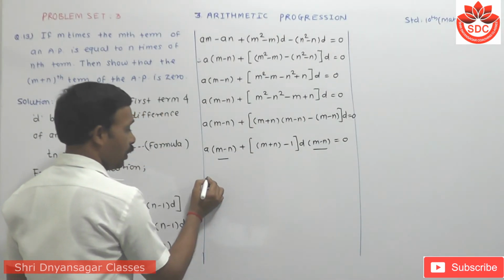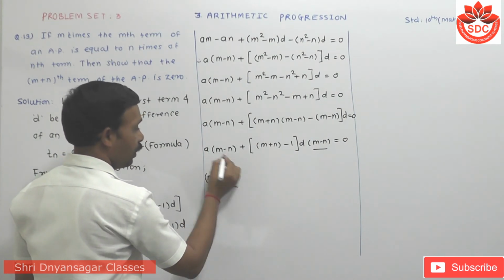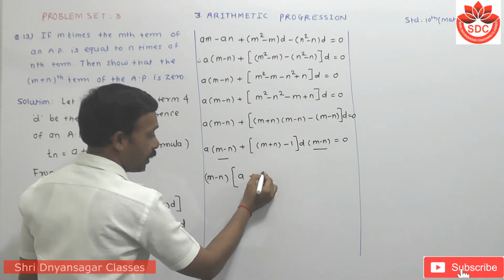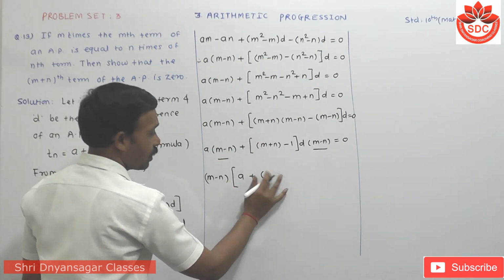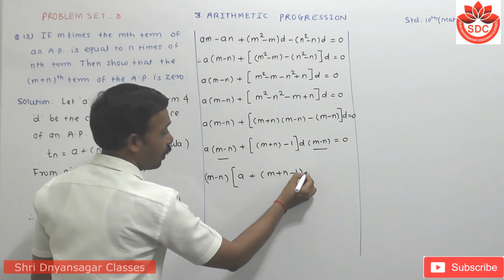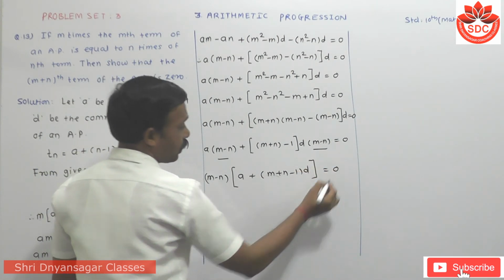Again we take common (m - n). Then in bracket I write the remaining a plus (m + n - 1)d. Bracket is complete, equals to 0.